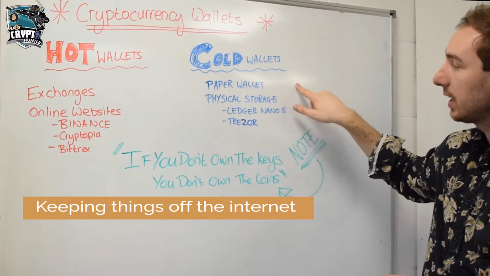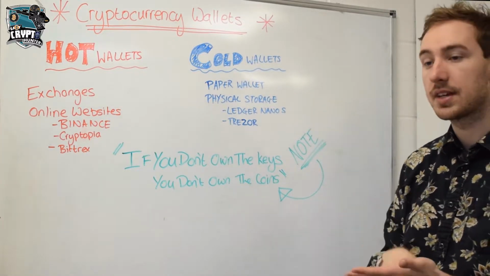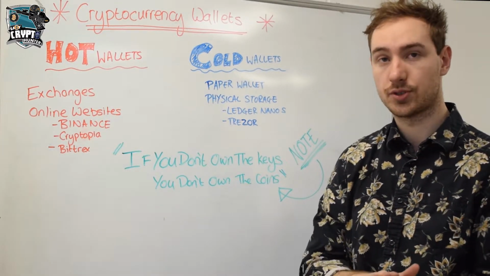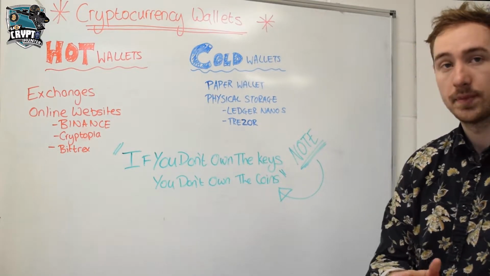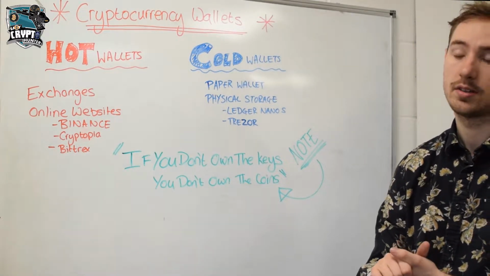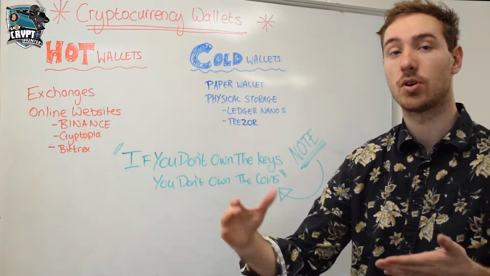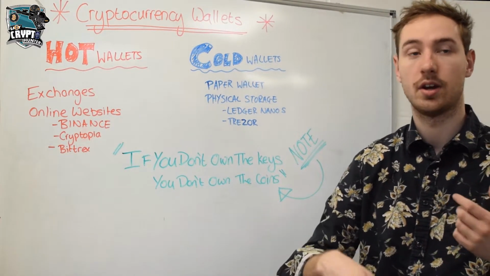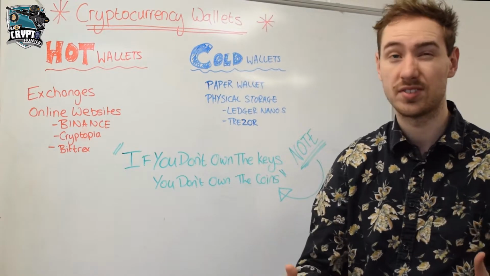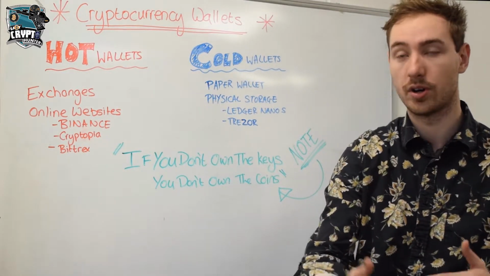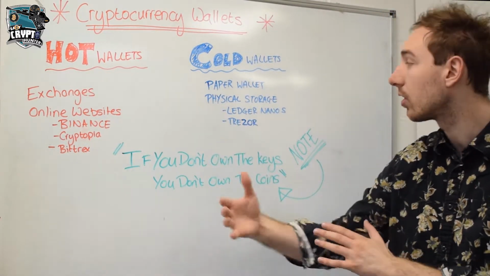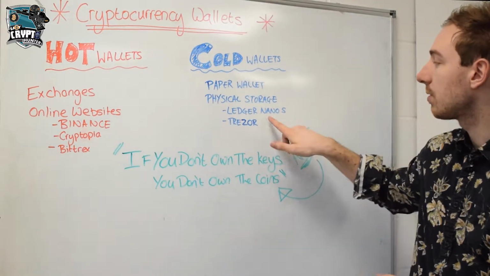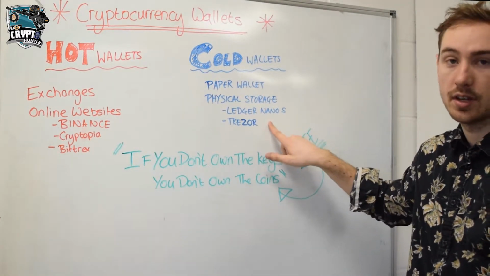A paper wallet is exactly that. You can actually print out your keys or your restore keys on paper. Sometimes this can take the form of a unique string of numbers or code. In other forms, it could be a 24-word unique sequence of words, and if you recreate these words, it then generates that code which gets you your coins back. That's also how it works with a Ledger Nano S and a Trezor.